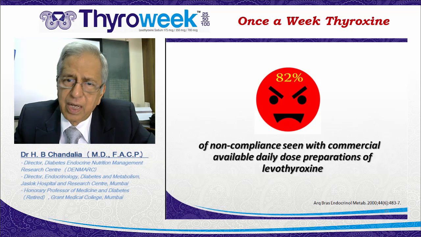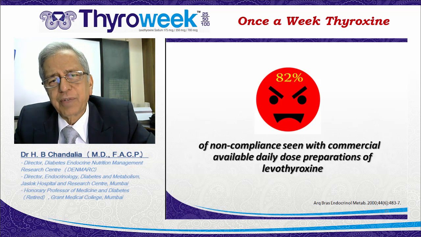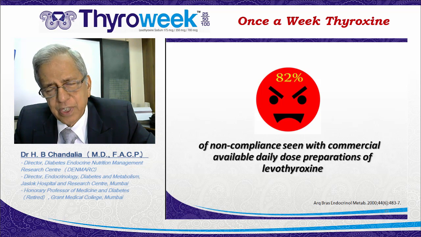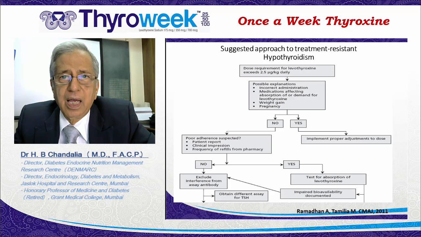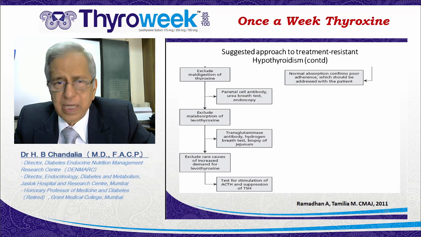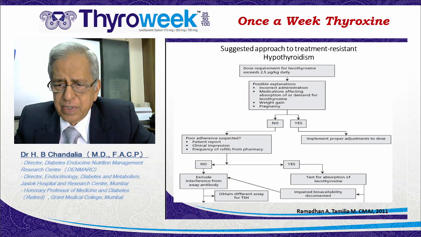And therefore, you really would like to find the means by which this non-compliance can be reduced almost to nil. How to do that we'll also consider as we go along.